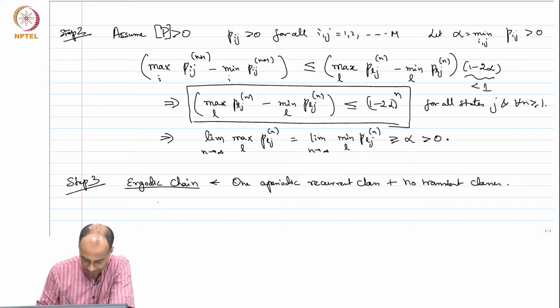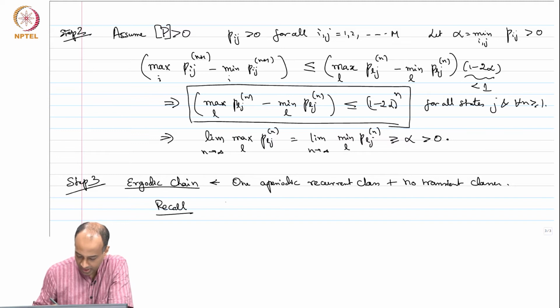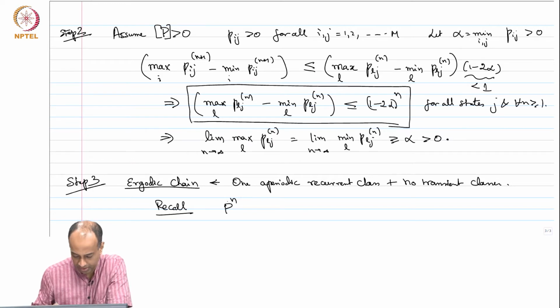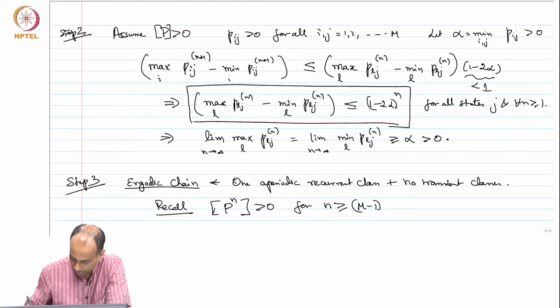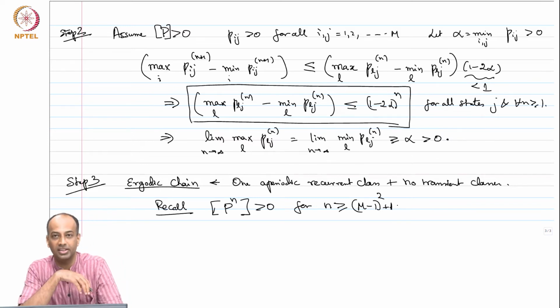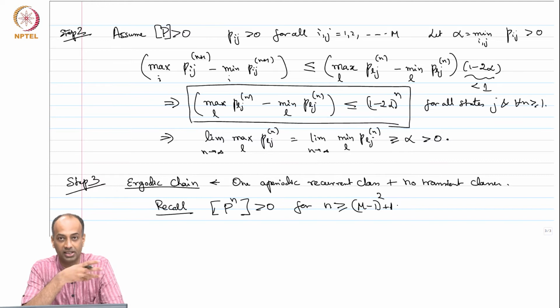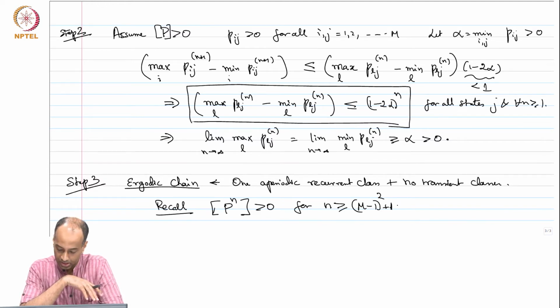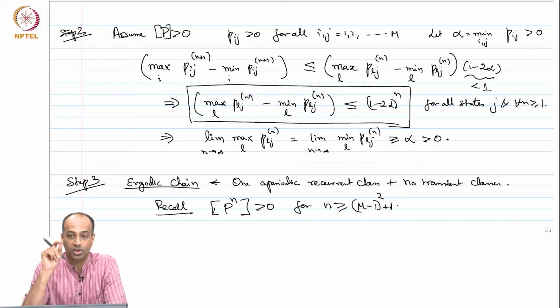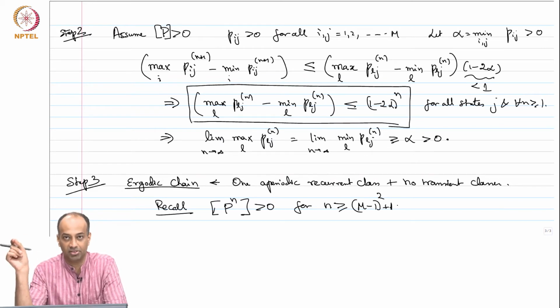For such an ergodic chain, recall that p to the n is strictly greater than 0 for n greater than or equal to (m minus 1) whole square plus 1. This is a result that we stated a module or two ago. In an ergodic chain, you can go from any state to any other state with positive probability in a finite number of steps.